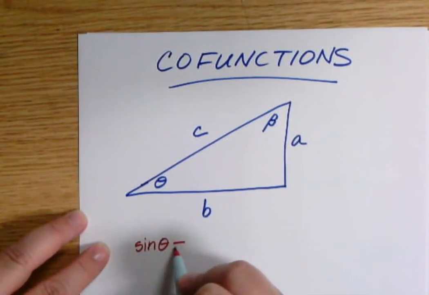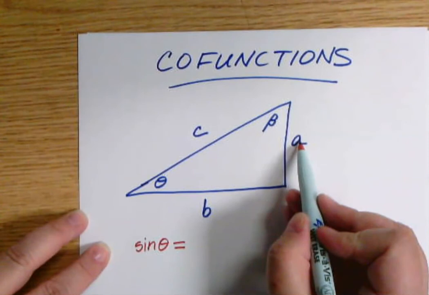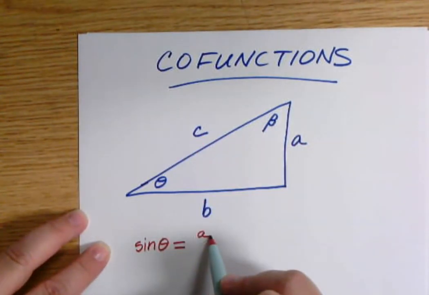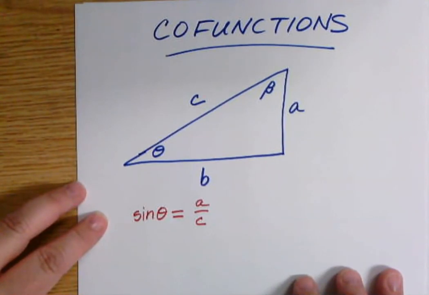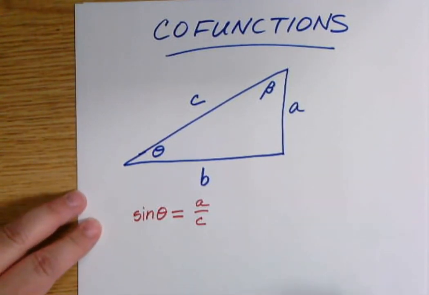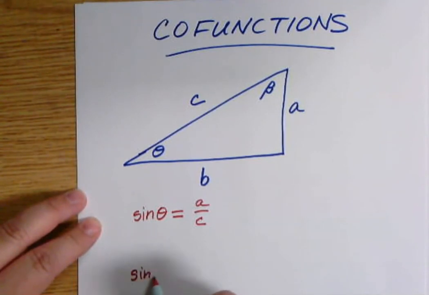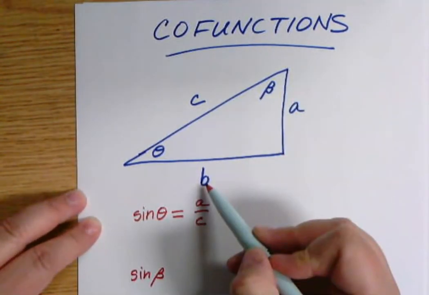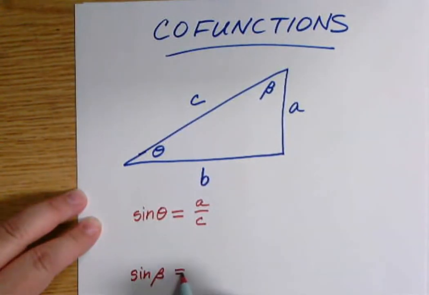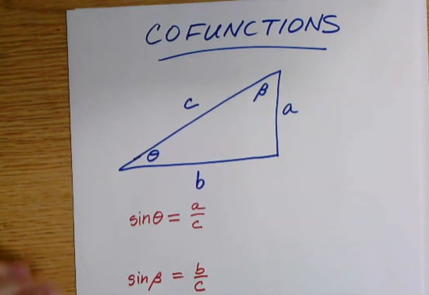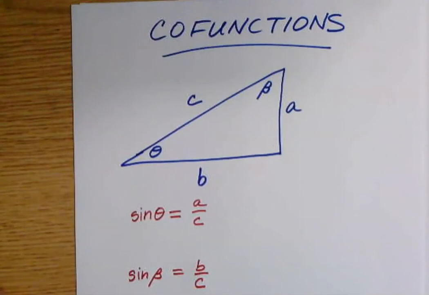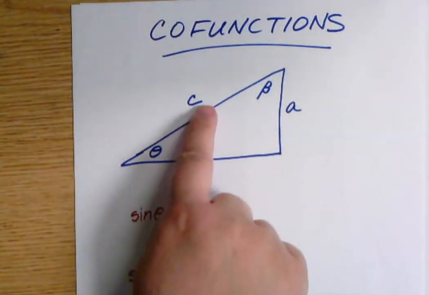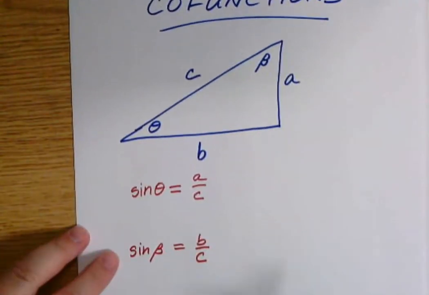Sine of theta is opposite over hypotenuse, A over C. What's the sine of beta? Opposite over hypotenuse, that's B over C. What is the cosine of theta? Adjacent over hypotenuse, B over C.